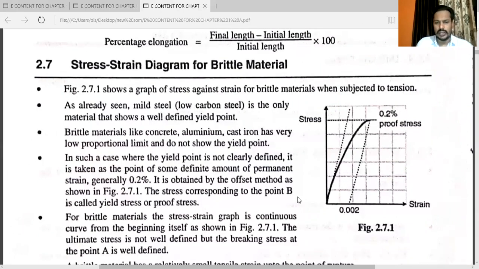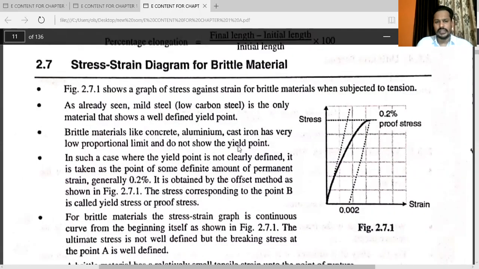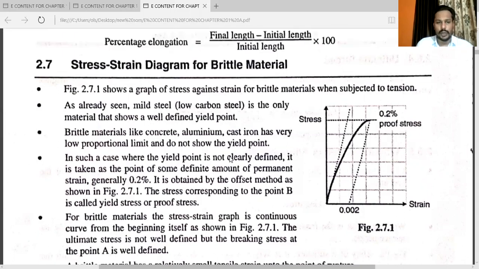For the brittle material, you will get this type of curve. In the previous case, in the case of a ductile material, I explained you point A, B, C, D, E, and F.